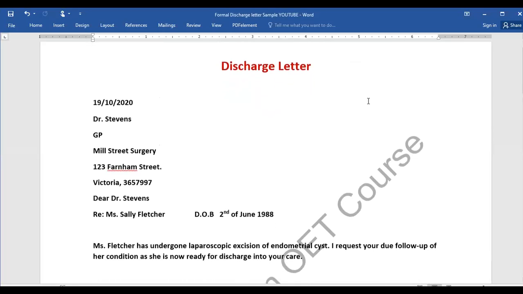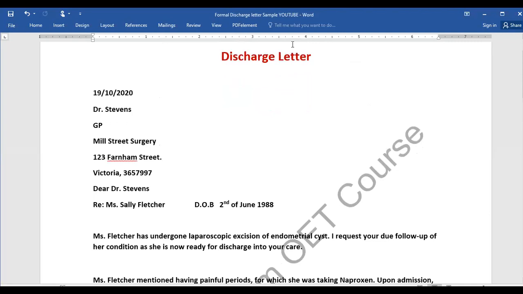We will start here by the date of today or the date of discharge, the patient's name, his specialty, you can write it in full as a general practitioner.